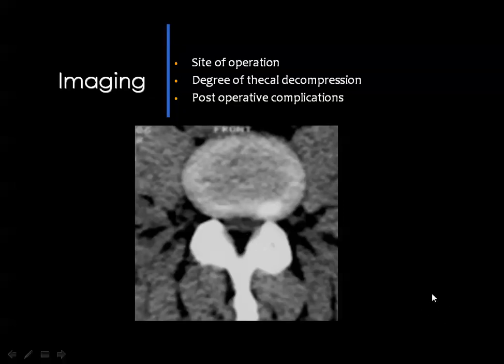We were interested to identify the site of surgery, which was very important as a medical legal issue, and also we were interested to state in the report if the cecal sac is adequately decompressed or not.